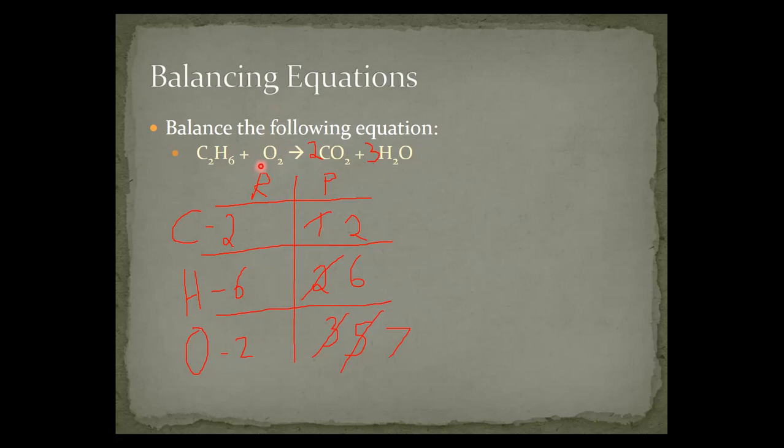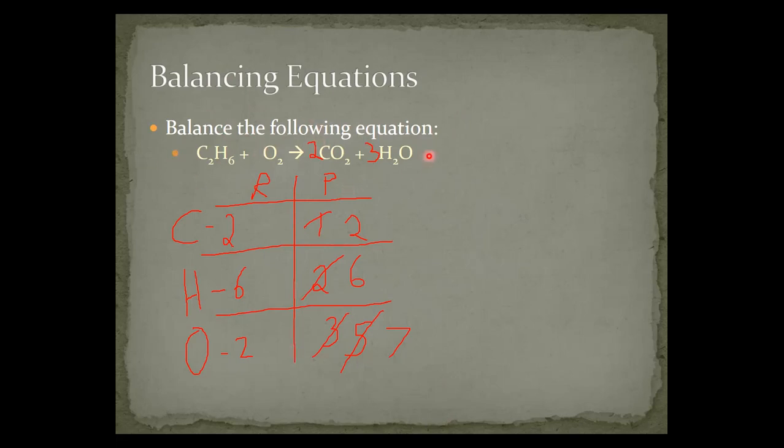I cannot make this odd. But over here, I've got 3 times 1, which means I'm always going to get an odd number over here. So this is where I'm stuck. There's no number that I can put in front of here to make 7. I can't put 3.5. I have to put a whole number here.